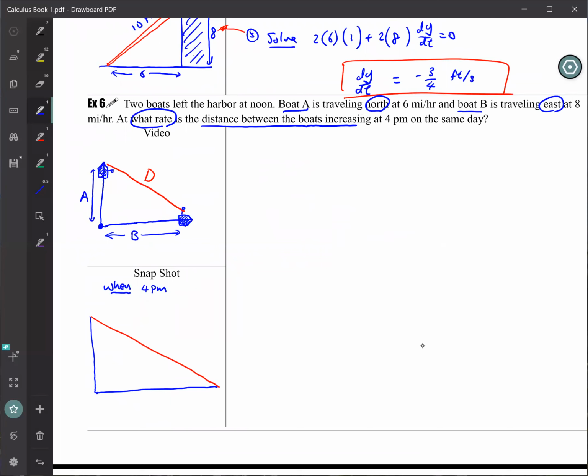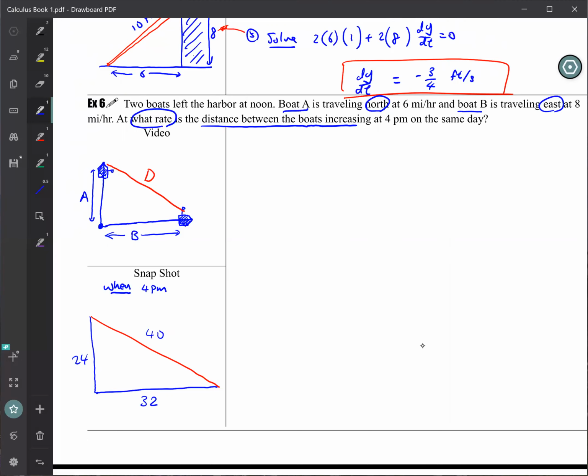Any number that we should put on the snapshot? Okay, Jesse, what number? For A, you would get 24. Yeah. And then B is 32. And then D is like 50 or something, right? Because it's 3, 4, 5. Not 50, it's 40. All right.